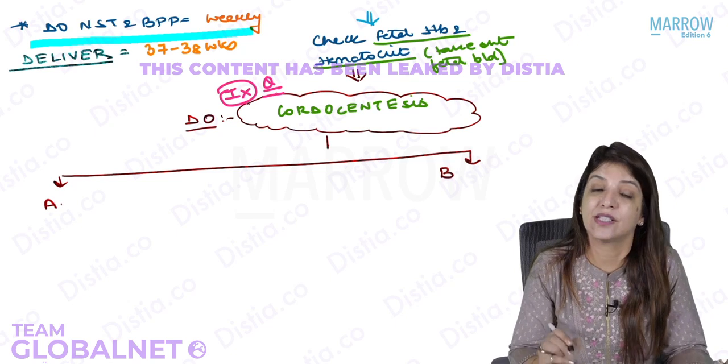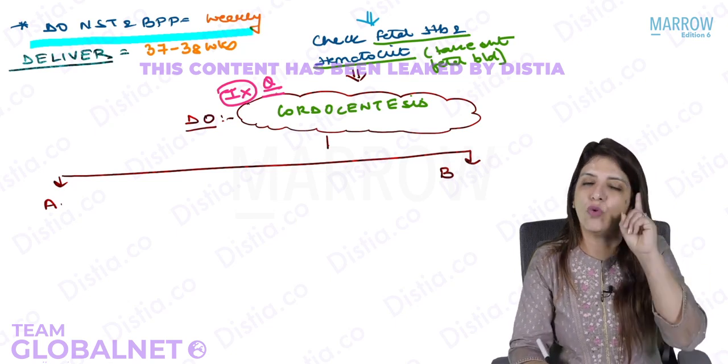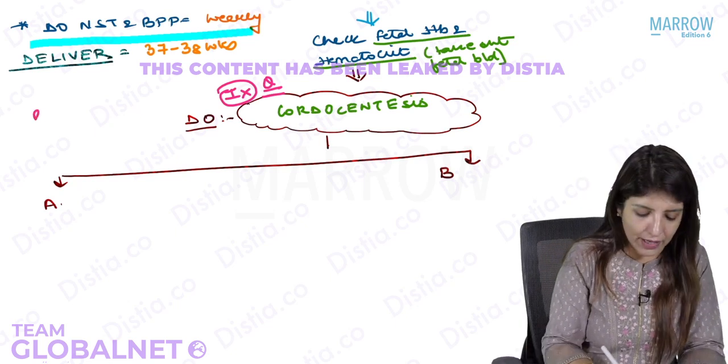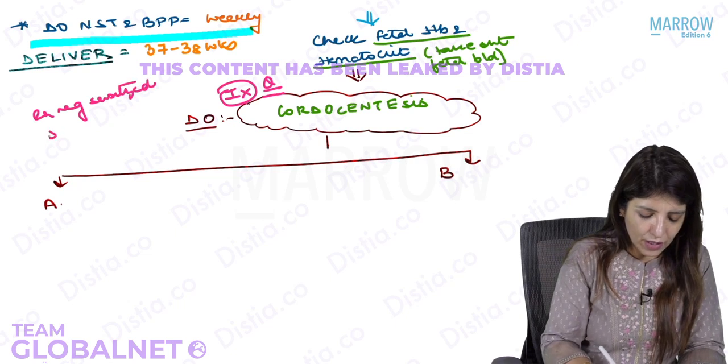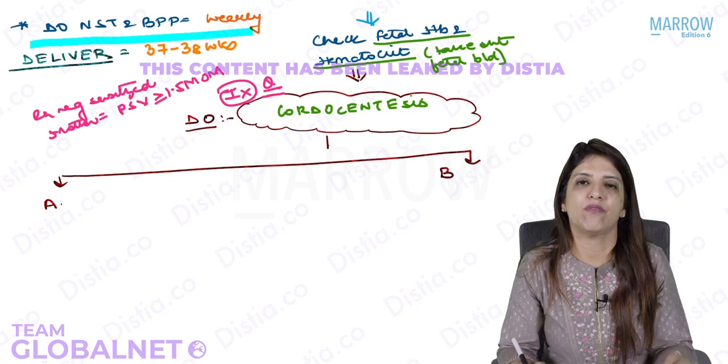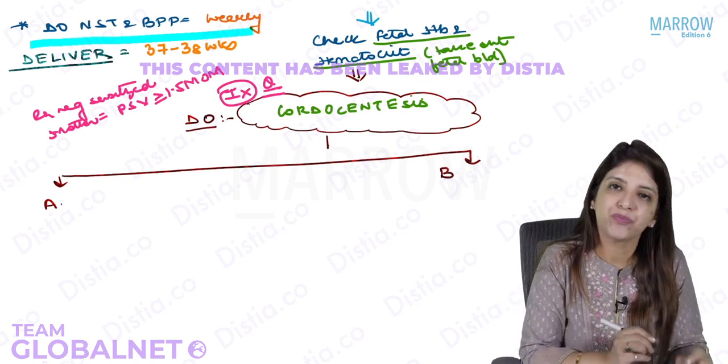These days, chordocentesis is done only for one indication, and that indication is in Rh negative sensitized mother. In Rh negative sensitized mother, if peak systolic velocity is more than or equal to 1.5 MoM, then you do chordocentesis, right?